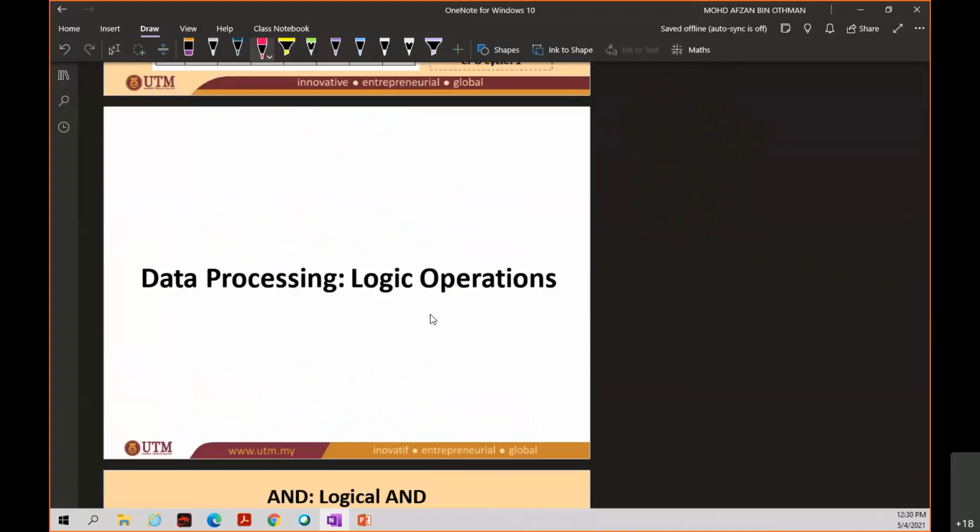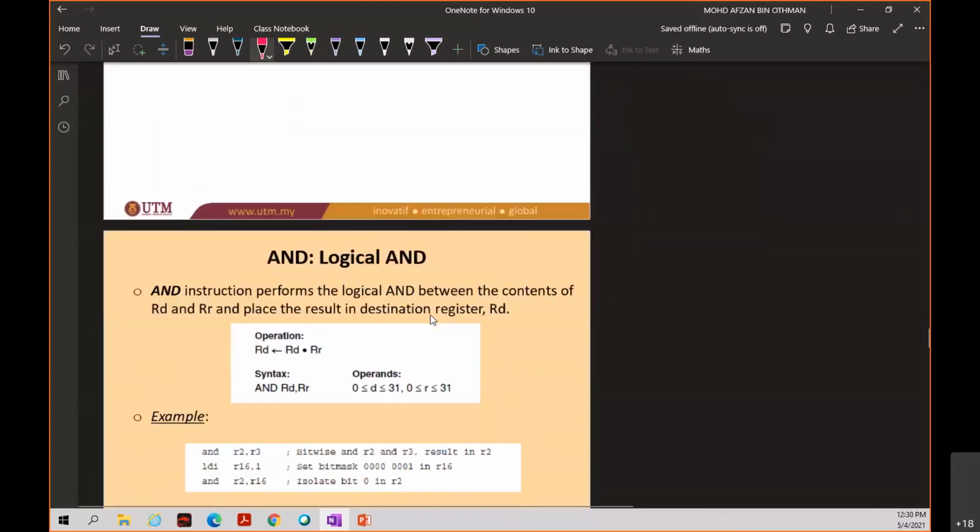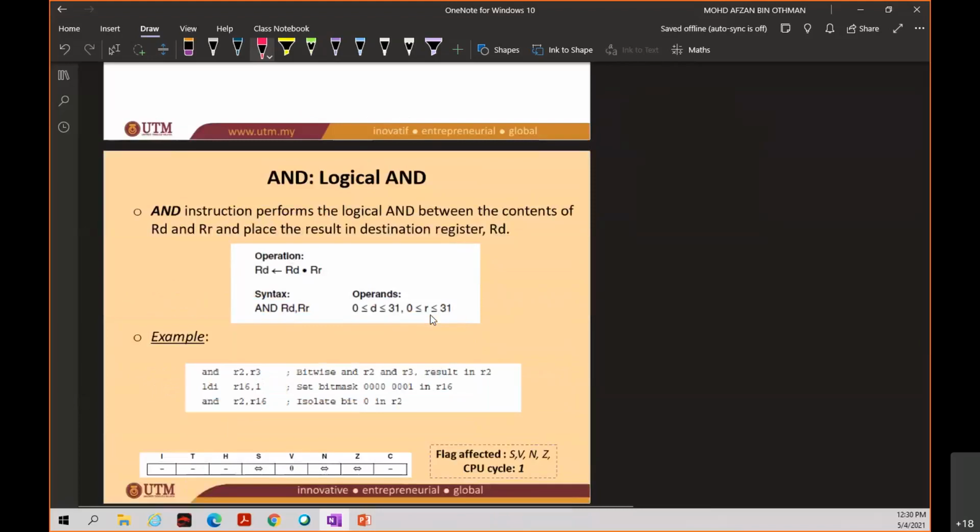Okay, so if no question, then we go to the next data processing operation, which is a logic operation. For the logic operation, we have a few instructions involved. One of them is logical AND.